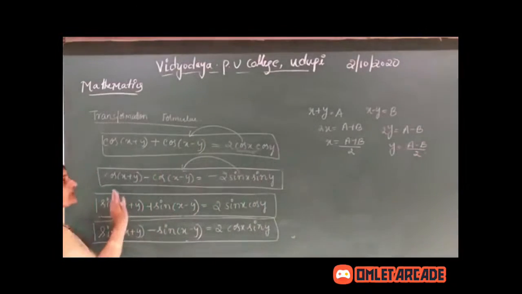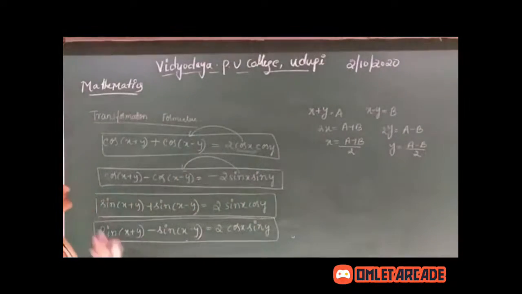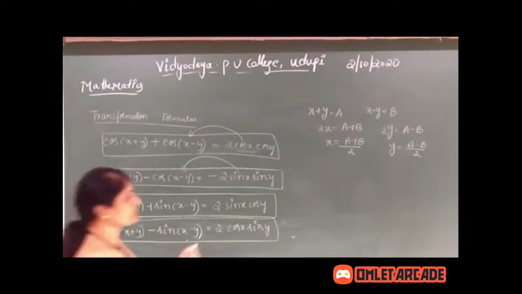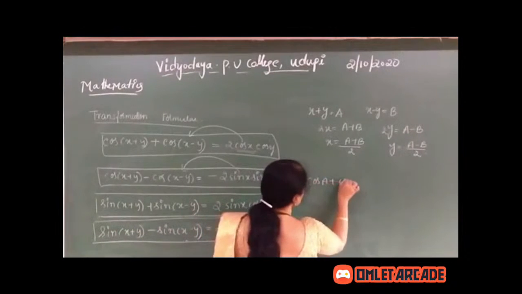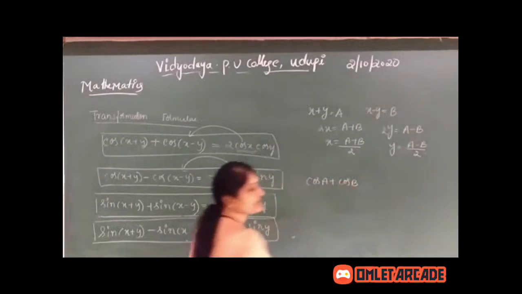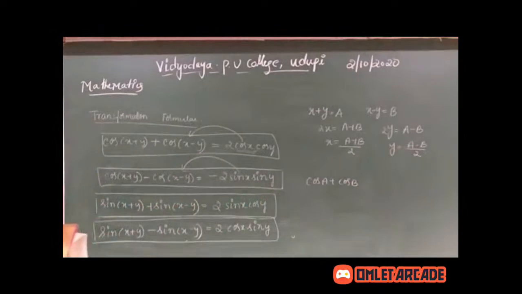So now, wherever you have those values, we are going to change it into this form. Just look at this. See the first one. I put x plus y as a. So what do I get on the left hand side? cos a plus cos b. Is that clear? x minus y, I am going to take as b.